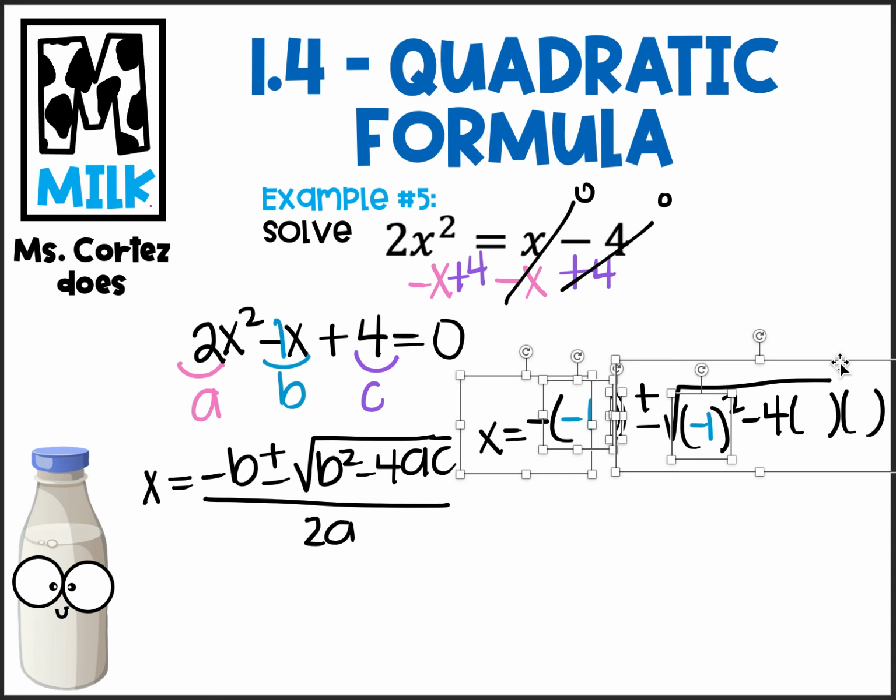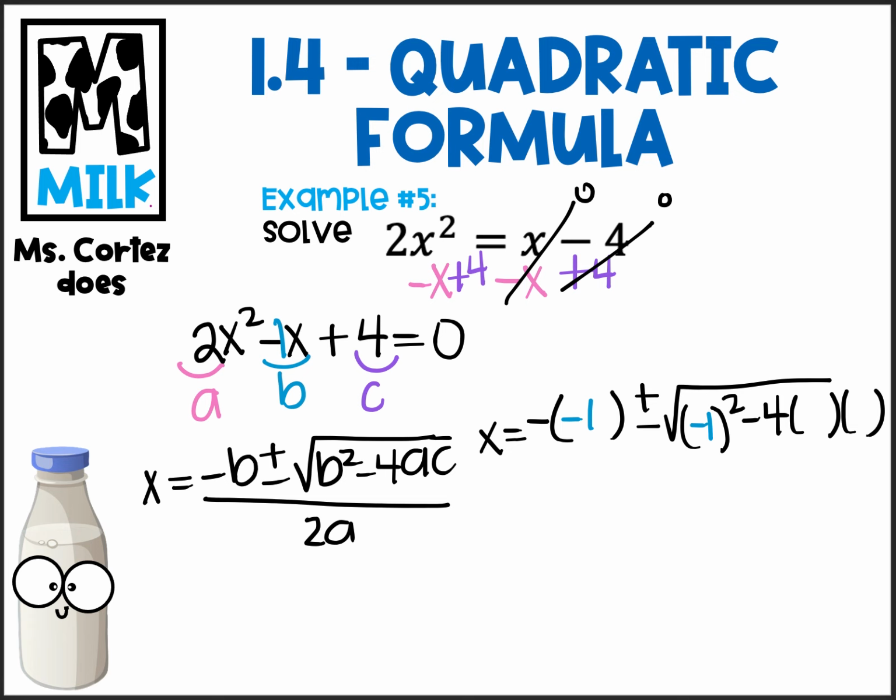My a is 2, my c is 4. Everything divided by 2 times a, which is 2.